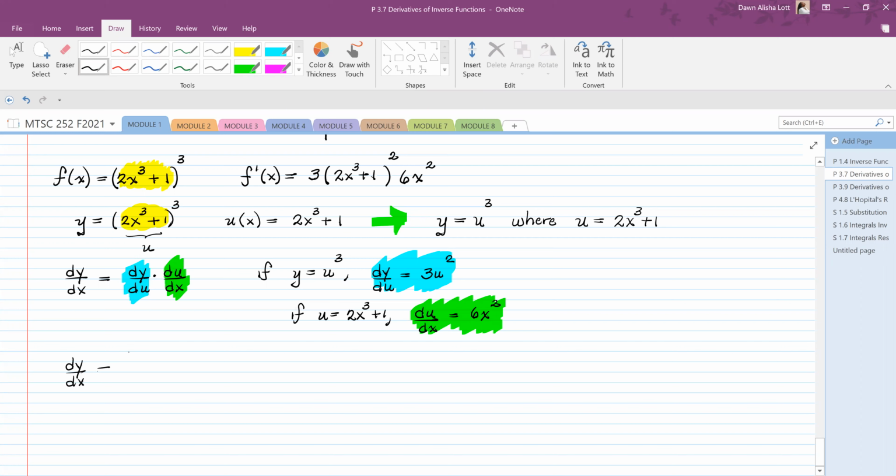Where are you getting the 6x squared from? I took the derivative of 2x cubed. What are you multiplying it by? I'm not multiplying it by anything. If I had given you this function, y is equal to x cubed, how would you differentiate it?